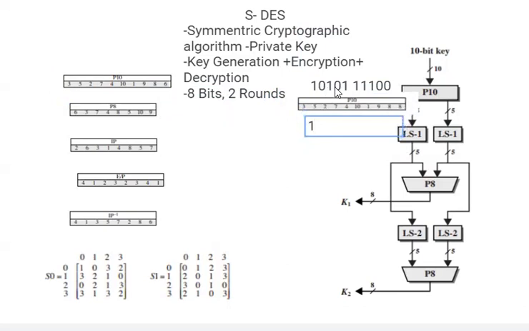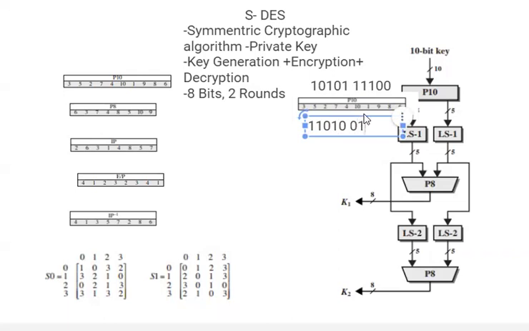The fifth bit, again 1, will be the second bit. The second bit, which is 0, will be the third bit. The seventh bit, which is 1, will be the fourth bit. The fourth bit will be the next bit, then the 10th bit will be the next bit.